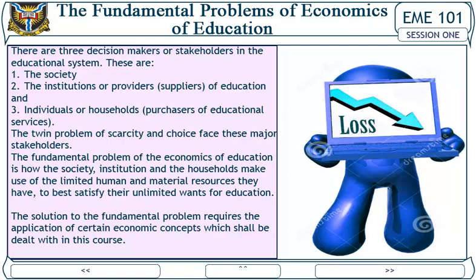The fundamental problem of the economics of education is how the society, institution, and the households make use of the limited human and material resources they have to best satisfy their unlimited wants for education. The solution to the fundamental problem requires the application of certain economic concepts which shall be dealt with in this course.